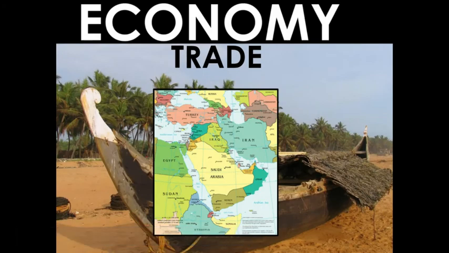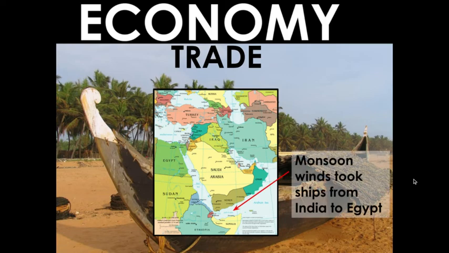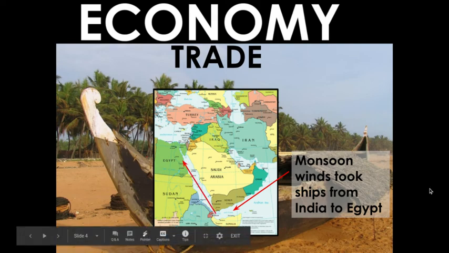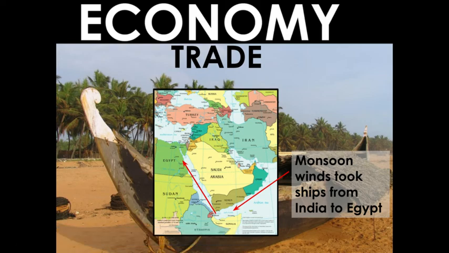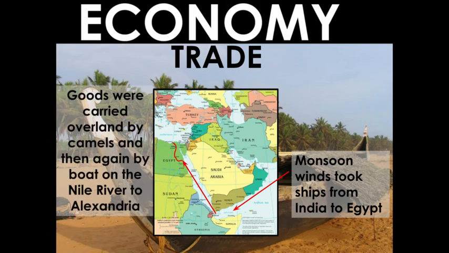The economy and trade. Now, you may be surprised to find out about their economy. Now, we see the monsoon winds took ships from India to Egypt. And they came up through the Red Sea there, and they got over a little further.